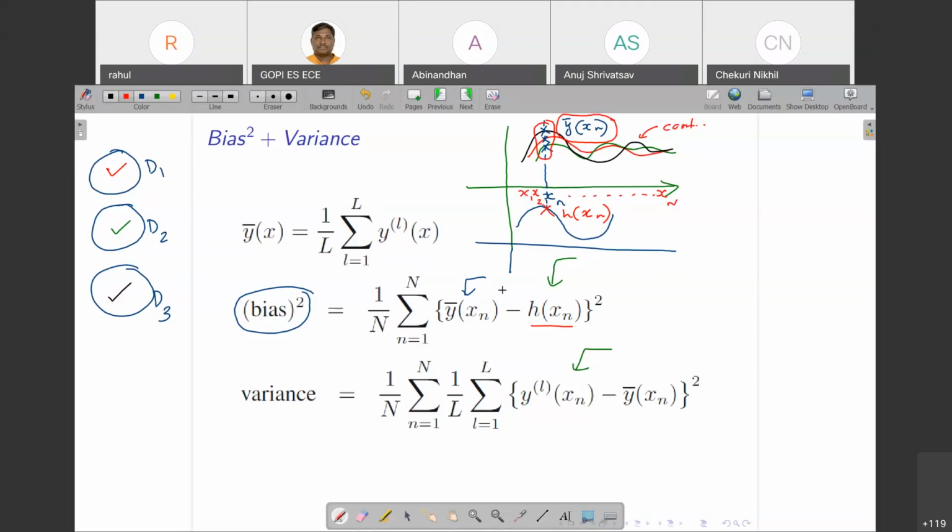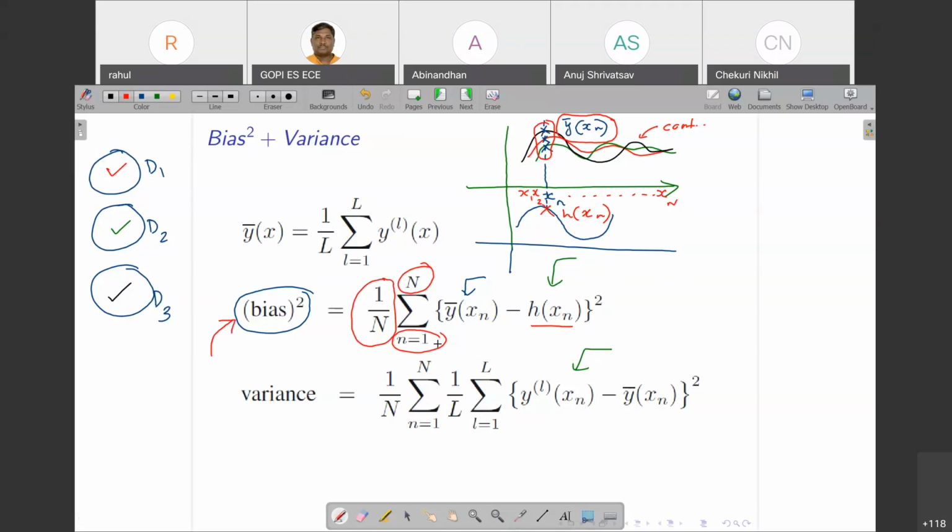If I do this for all the points, n equal to 1 to n, and take the error y bar of xn and h of xn, the original one, the whole square, and do the summation and take the average, that value is what we call the bias square. Fine, bias square is fine, right?